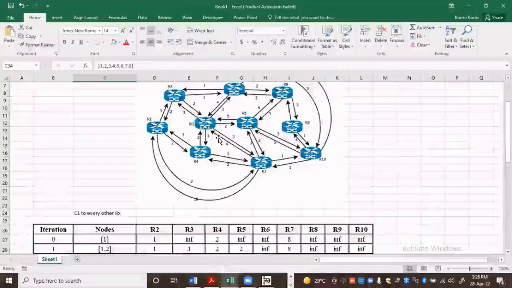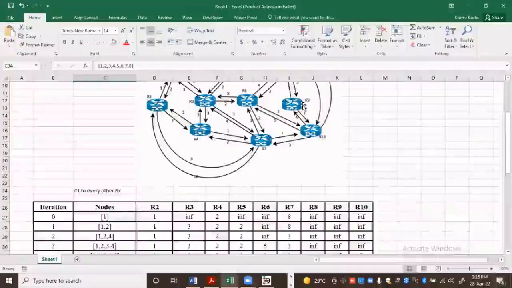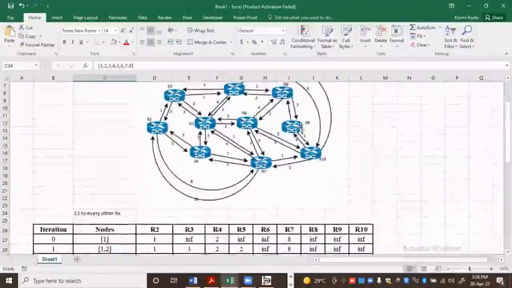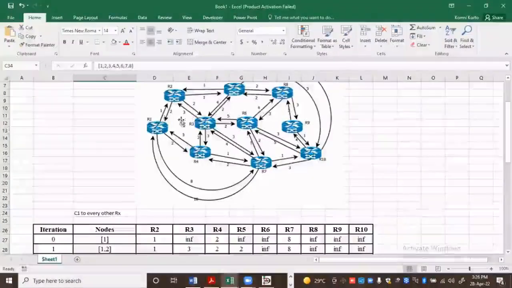Are we good? So before that, if you were a customer connected to router 9, if I wanted to forward you packets, it would be difficult because I wouldn't have many iterations to work with.